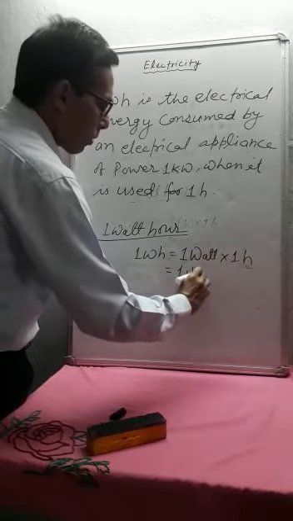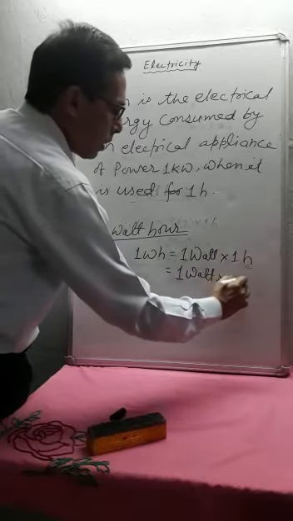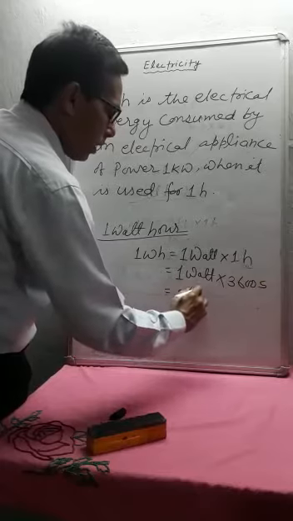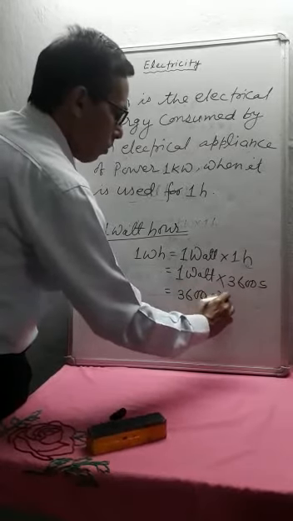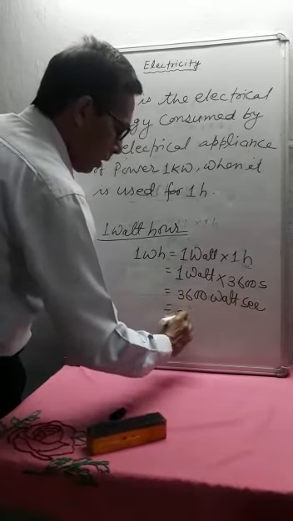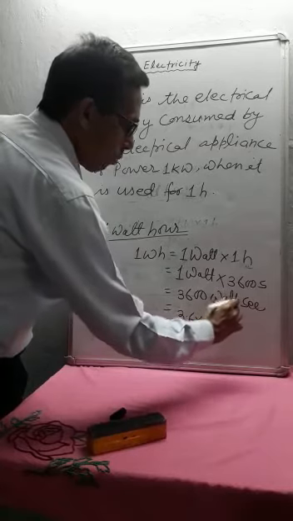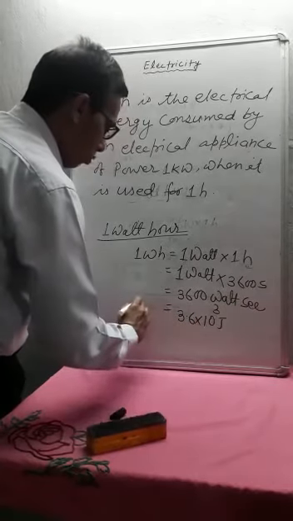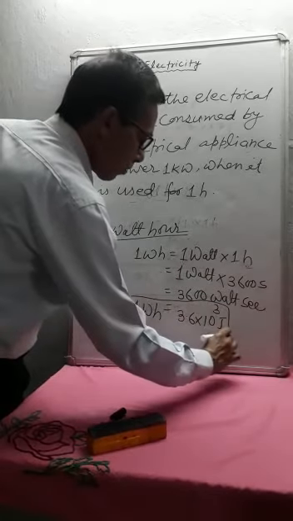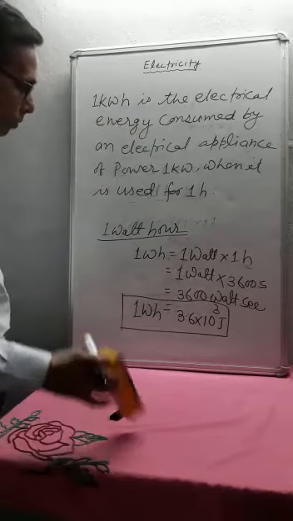So 1 watt, how many seconds in 1 hour? 3600 seconds. So here 3600 watt second. In scientific notation, 3.6 into 10 to the power 3 watt second, that is joule. So 1 watt hour is equal to 3.6 into 10 to the power 3 joule.